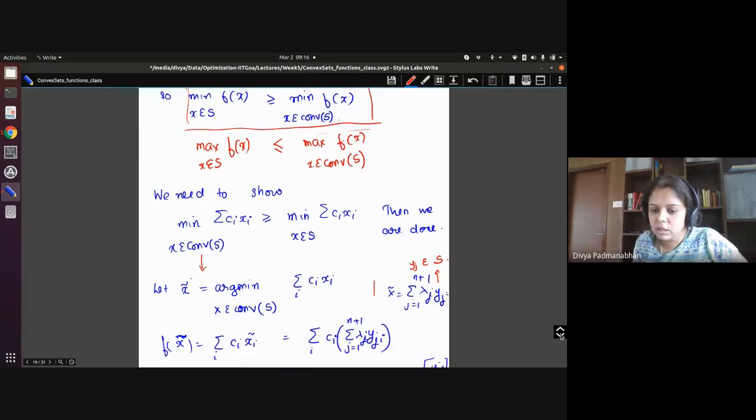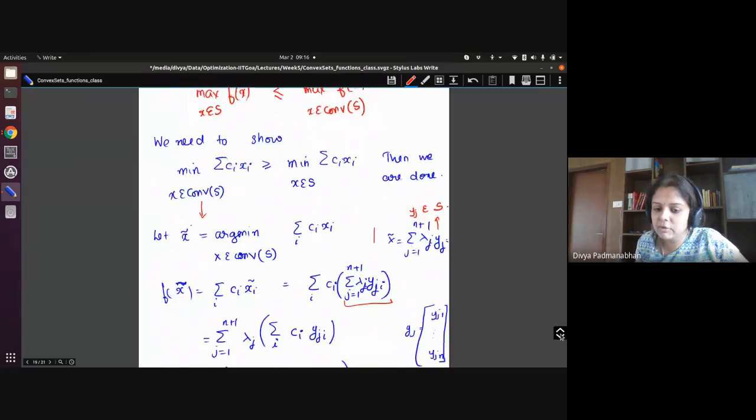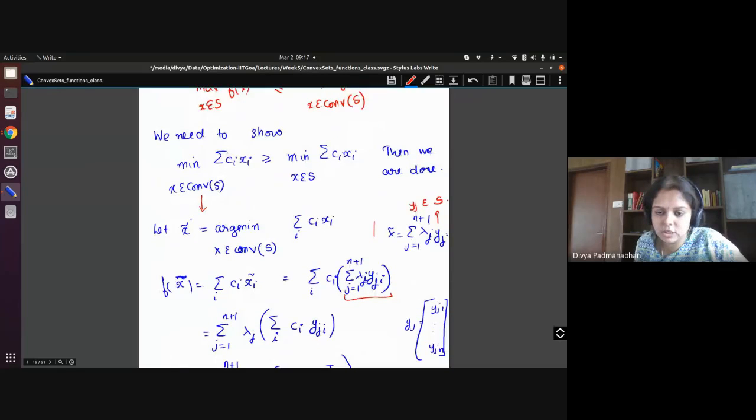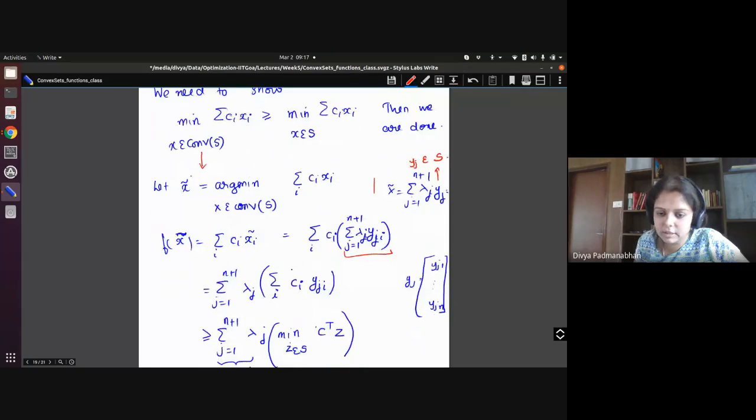So let's just write that. This function f is just the summation c_i x tilde, and x tilde is just this. Now you can interchange these summations, so it doesn't change the value. What you have here is some weighted term times some point.